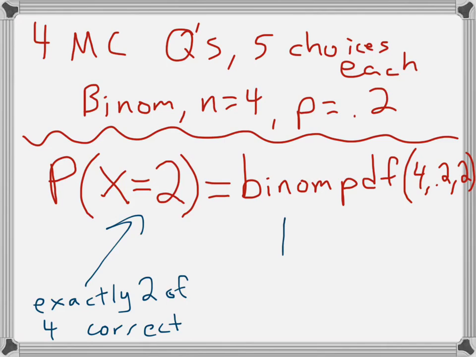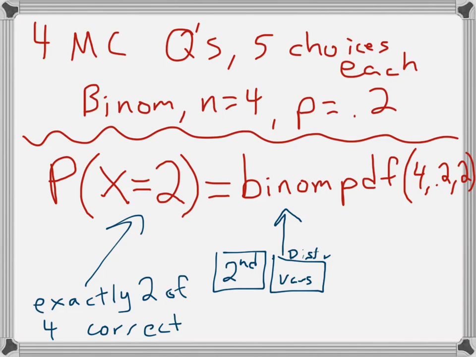So to get binompdf, what you're going to do is hit the second button. Then you're going to hit the vars button, which right above it says distr, which stands for distributions. And guess what? There's distributions under distributions.